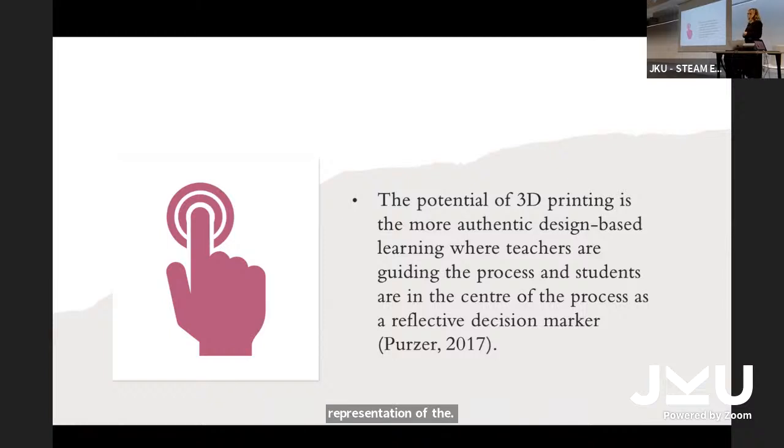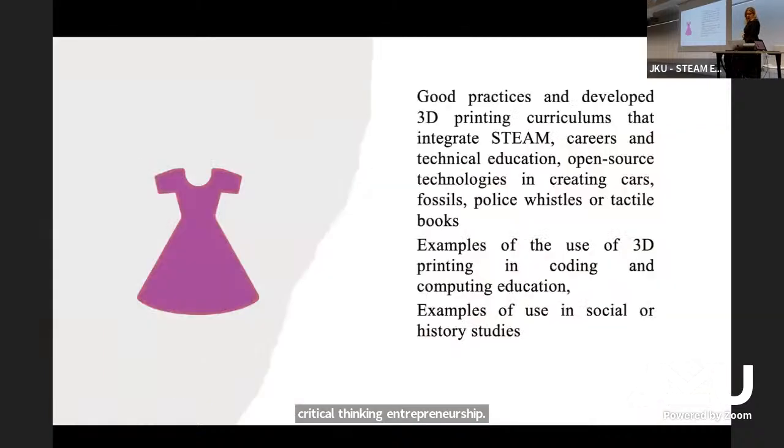There are many things that can also be tackled beside mathematical concepts, such as critical thinking, entrepreneurship activities, and so on.